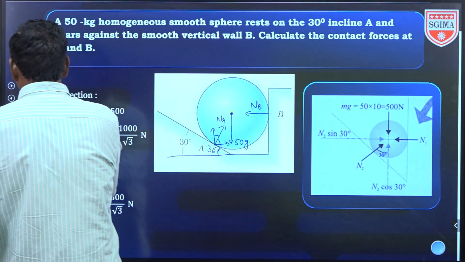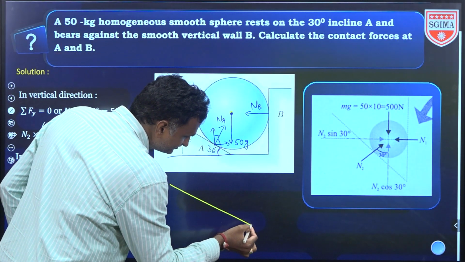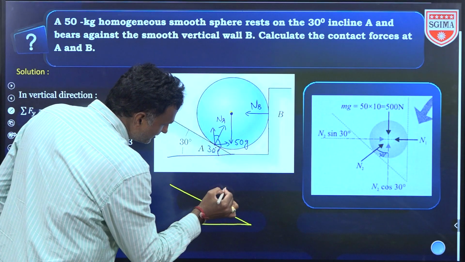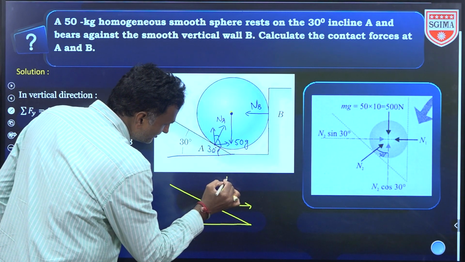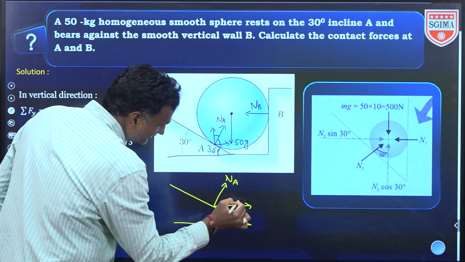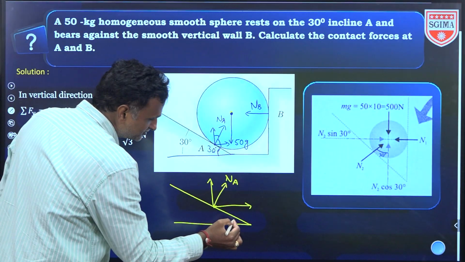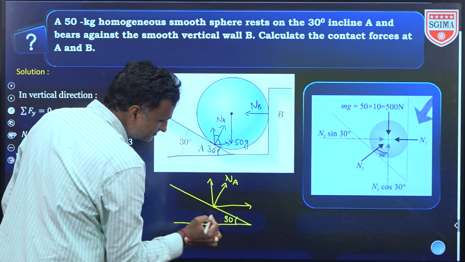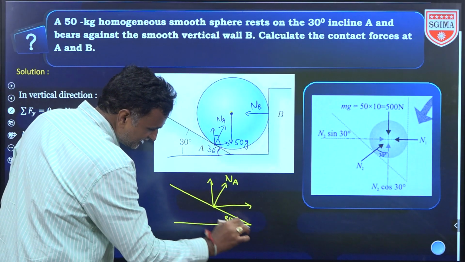Let me draw clearly here. Here normal force acts along this direction. This is normal A, and we can take components along the x axis and along the y axis, right. So this is given 30 degrees. So this also becomes 30 because these are two parallel lines with a transversal.